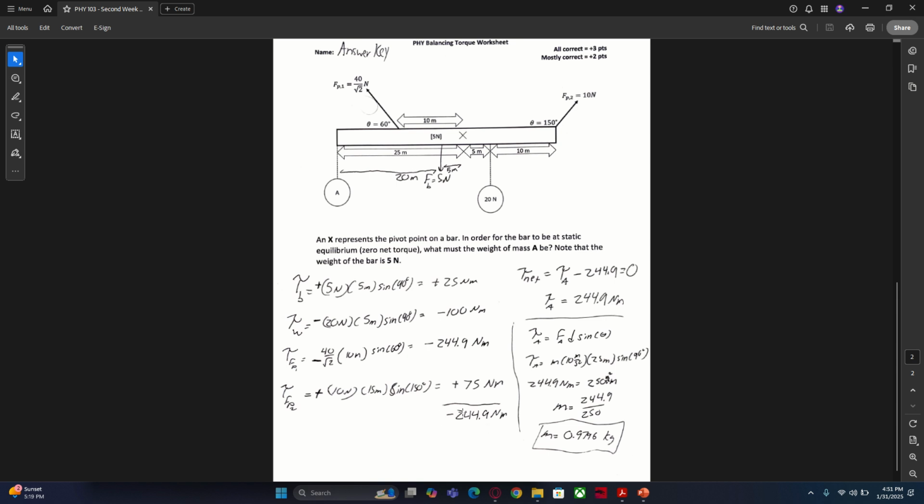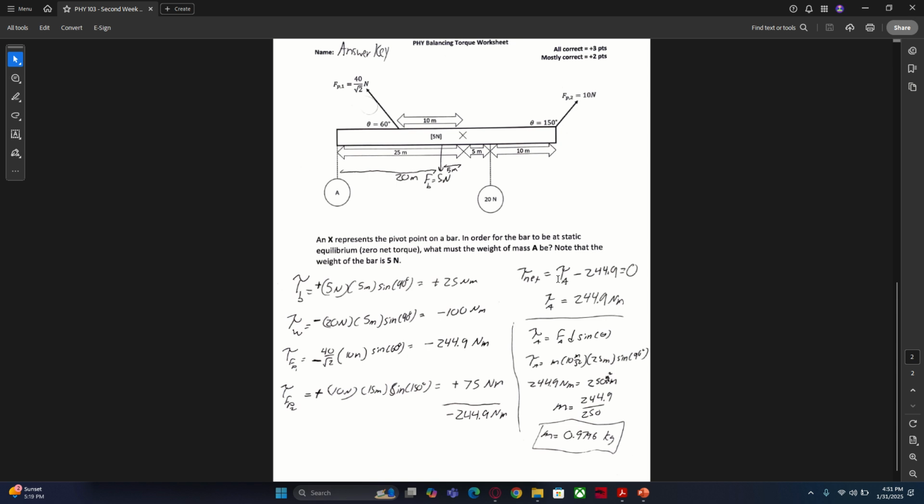Now, this is not our net torque because our net torque has to take into account the torque of object A. So our net torque equals the torque of object A minus 244.9 Newton meters.